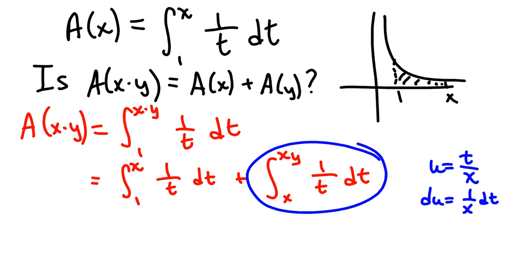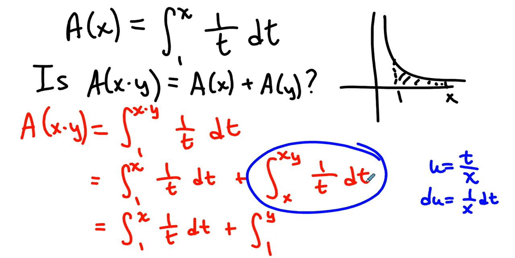So what does that mean? Well, that means that this is the integral from 1 to x of 1 over t dt plus the integral of, oh boy, well that's going to be a doozy. When t is x, u is 1, and when t is x times y, u is y.